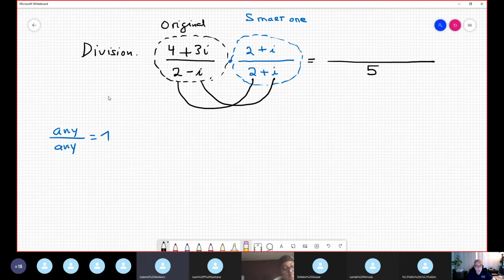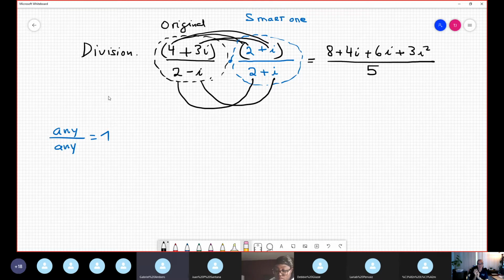Now, in the top, they are not family, they are not conjugates. So you try to do it using regular FOIL. 4 times 2 is 8. 4 times i, 4i. 3i times 2 is 6i. And 3i times i is 3i squared. So far, does everyone follow me?